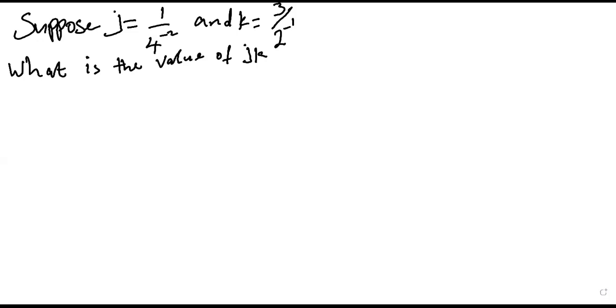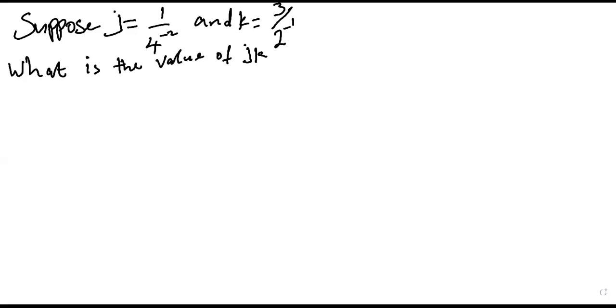So they ask us here. They said, suppose J equals 1 over 4 to the second power, right? To the second power. So that's a negative power though. That's raised to the power -2.